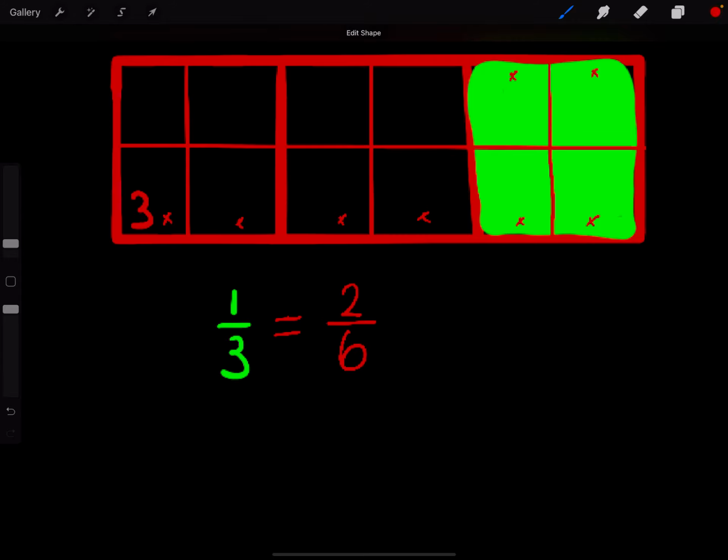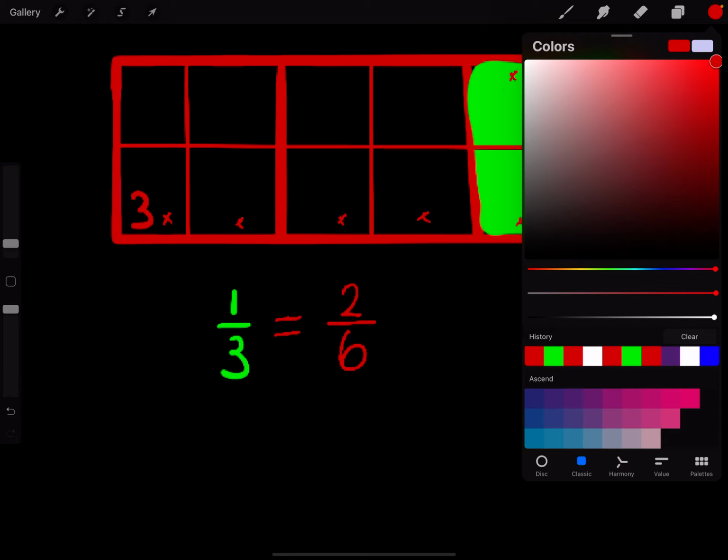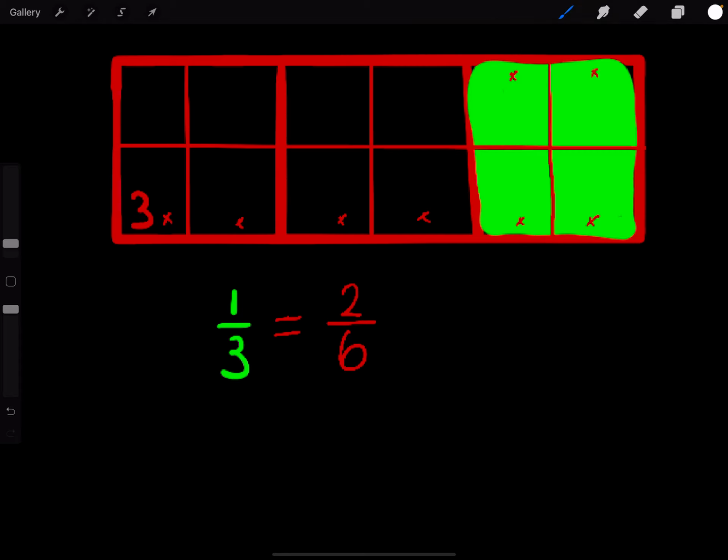But now, instead of 6 sections in the whole, we have 12 sections in the whole, and we have 4 parts that are shaded in. So right now we can say 1/3 is equal, or equivalent, to 2/6, which is equivalent to 4/12.